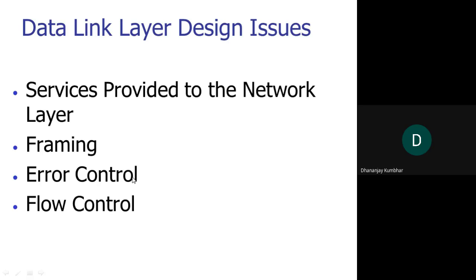Redundant means additional information which is closely related to the message only. If you are sending data, along with the data you will also send redundant bits, and those redundant bits will be related to the original data that you are sending.